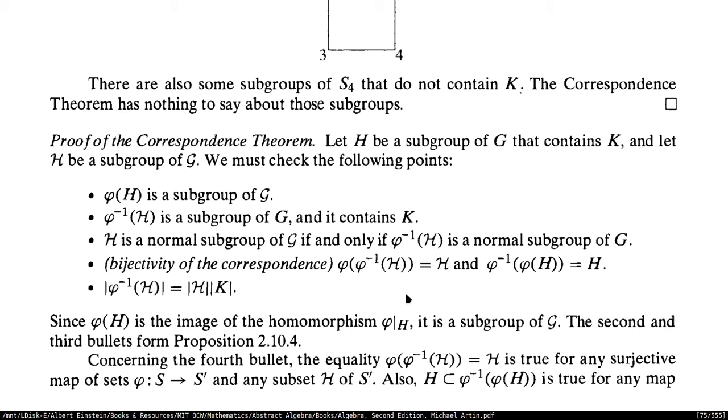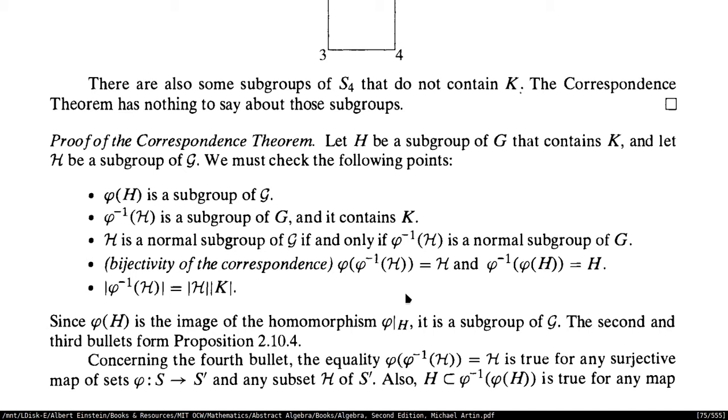Okay, so the proof says something like this. You have a subgroup that contains the kernel and the other curly subgroup in curly G. So you have to check the following things: that the image of H is a subgroup of the codomain. Then the preimage of curly H is a subgroup of G and it contains the kernel.